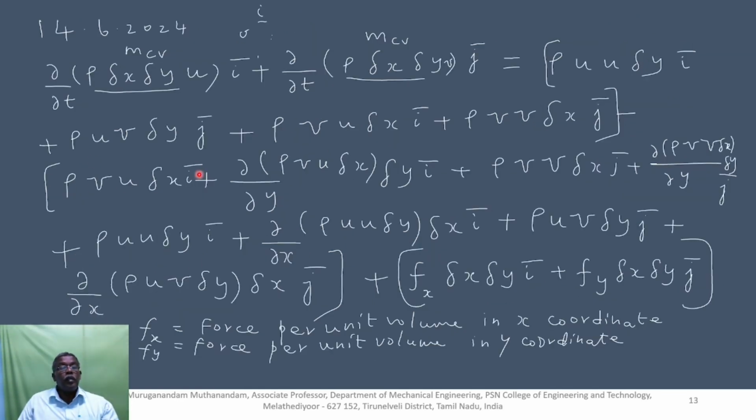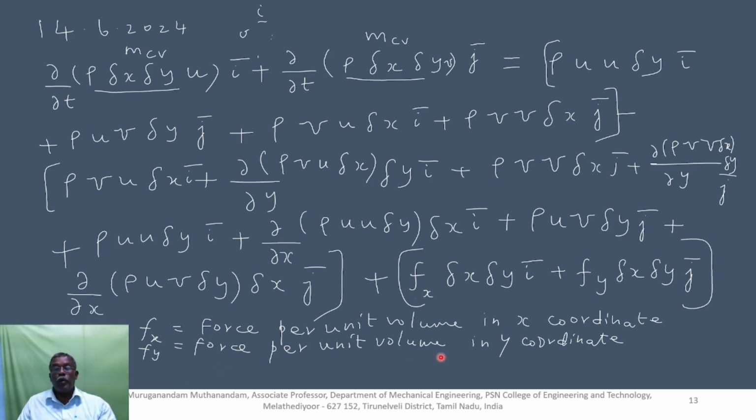Similarly, the rate of outflow of momentum through the south, east wall and north wall are shown here using Taylor series expansion, with the unit vector signs indicating their directions, plus Fx, smaller case f, indicating the force per unit volume in the x coordinate direction.